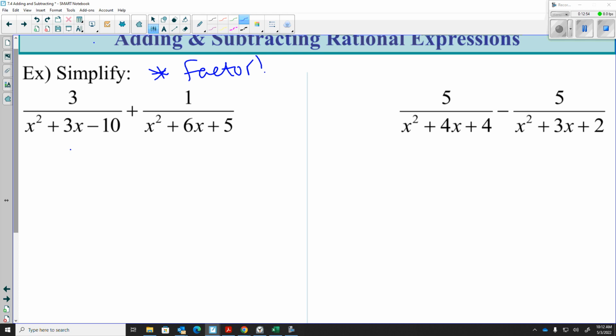This one, x squared plus 3x minus 10. You need 2 things that multiply to negative 10 and add to 3. 5 and negative 2. Okay, and now this one. 2 things that multiply to 5 and add to 6. Don't overthink it. 5 and 1.